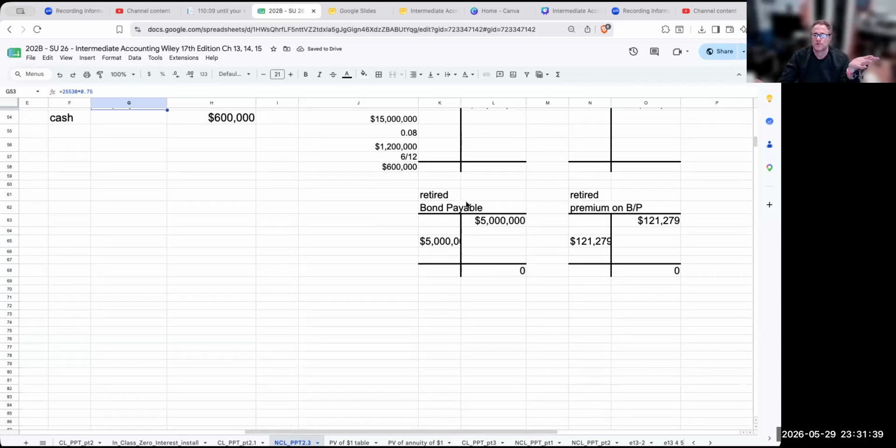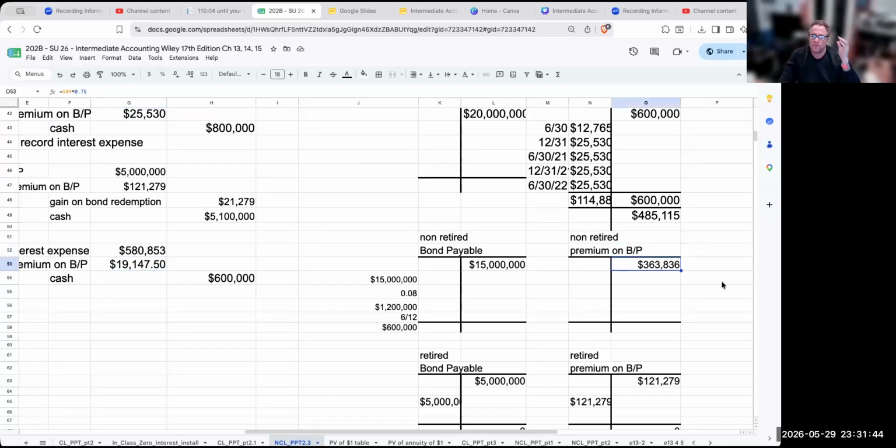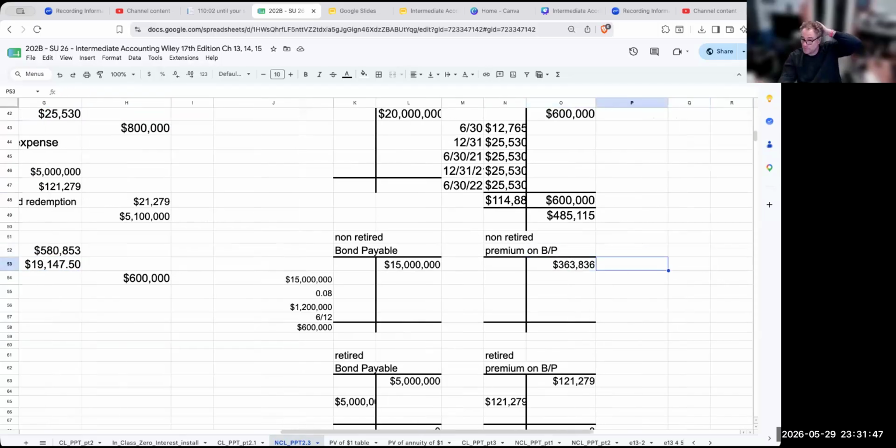Well, let's just make sure that this thing actually works. So my non-retired premium on bond payable as of 6/30/22 was 363,836. If I'm amortizing this by 19,147.50 each period, let's figure out when this bond is actually going to be due.